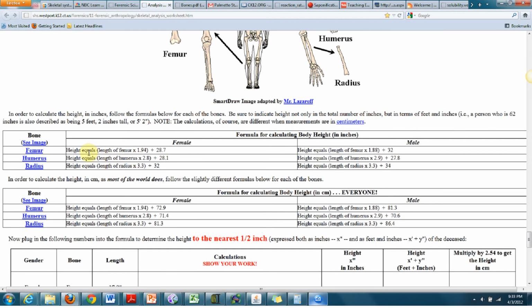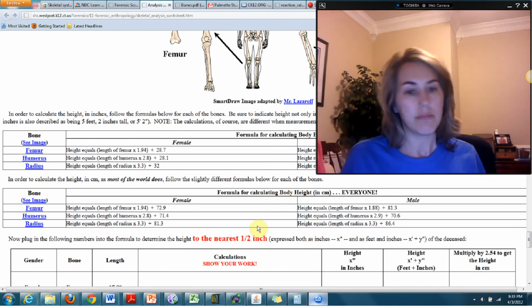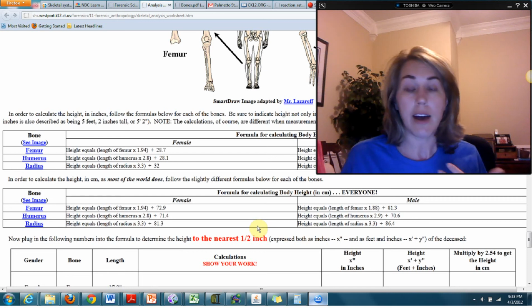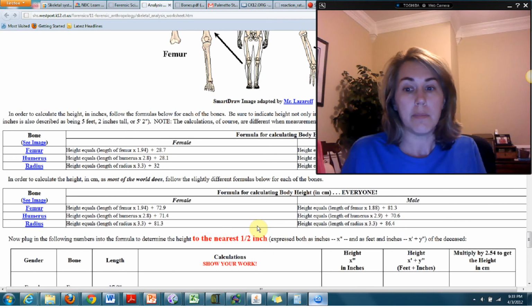So as you look here, you've again got it separated by female and male. If you've ever been to the doctor's office when they take some of your measurements, look at your height, and then compare that to your age. Sometimes they'll tell you what percentile you fall in, and that percentile is a comparison of many other people in your age bracket and of your race and of your gender.